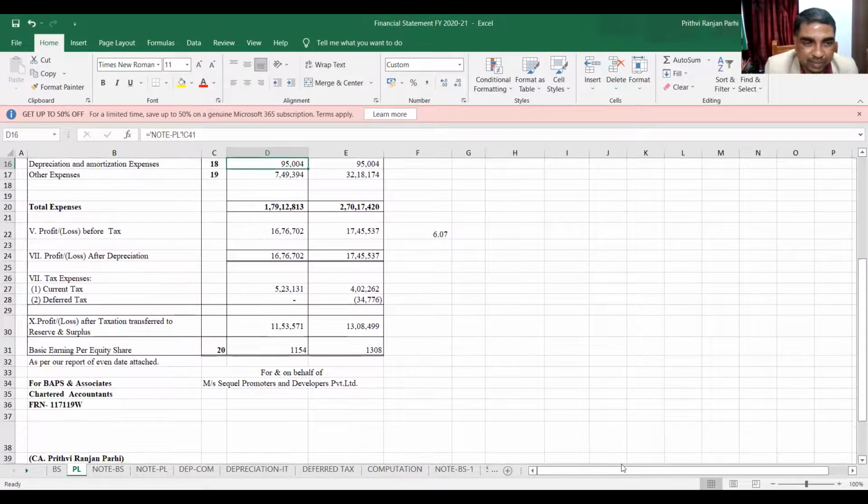This is in the company's financial statement. If you are evaluating a company, you can download its financial statement from their website. What is the basic earning per share? Can you read it? Is it visible? How much? 1,154. Okay, 1154. So we'll do that.